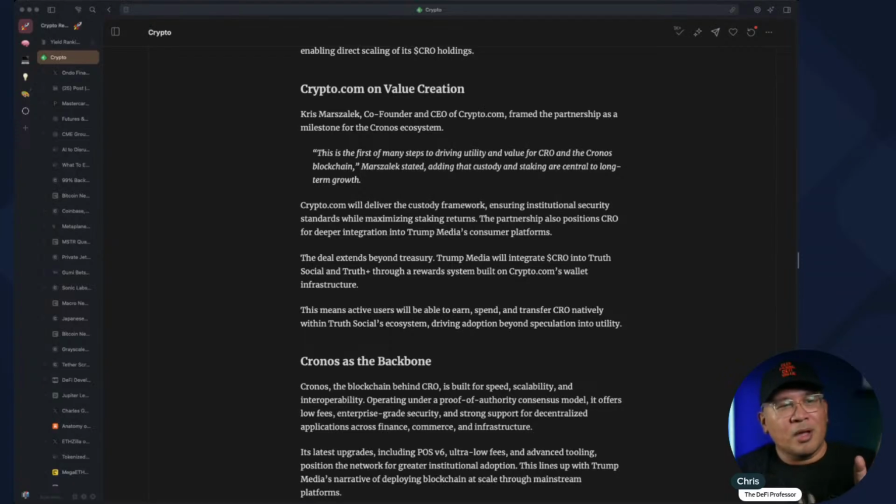All right. I don't know what they worked out to make this happen, but respect to Chris Marchalik, the co-founder and CEO of Crypto.com, for working this out. I don't even know how you make this work. Not saying that CRO is a dead token, but man, shout out to VVS.